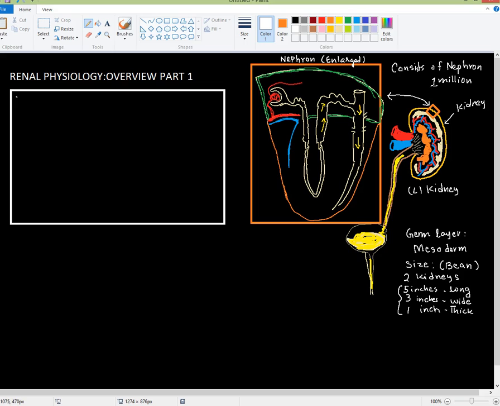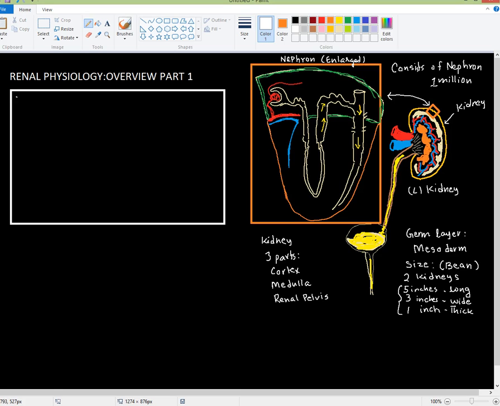Okay, so the kidney is basically divided into three parts: cortex, medulla, and renal pelvis.